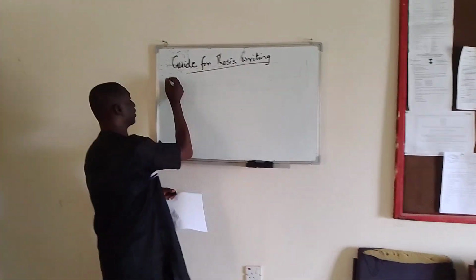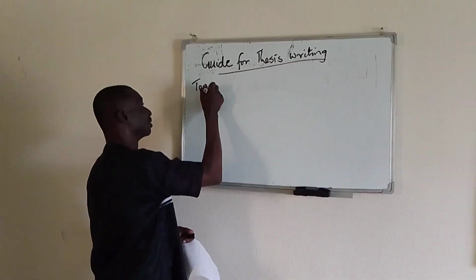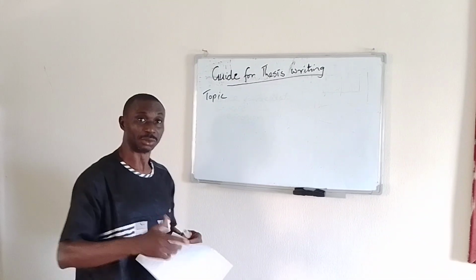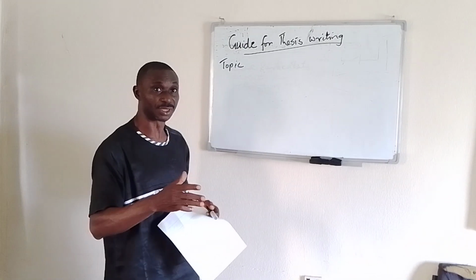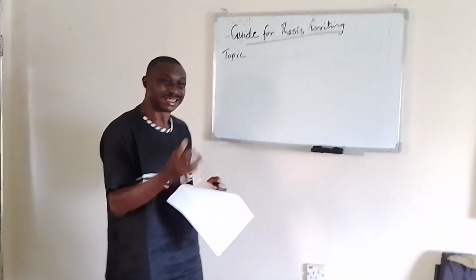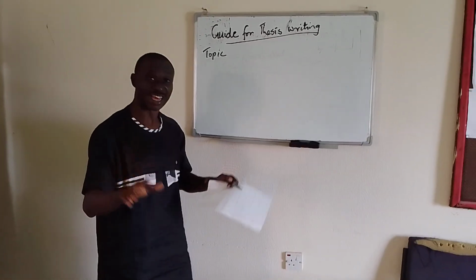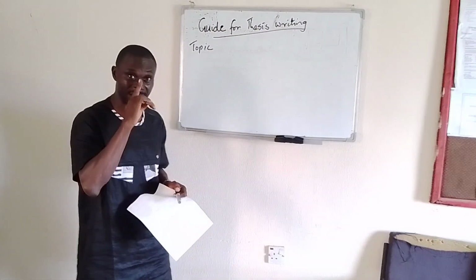So when you must have decided or talked about your topics, you know your topic. After having the topic, what comes to your mind is the aim, what you want to achieve at the end of that research.